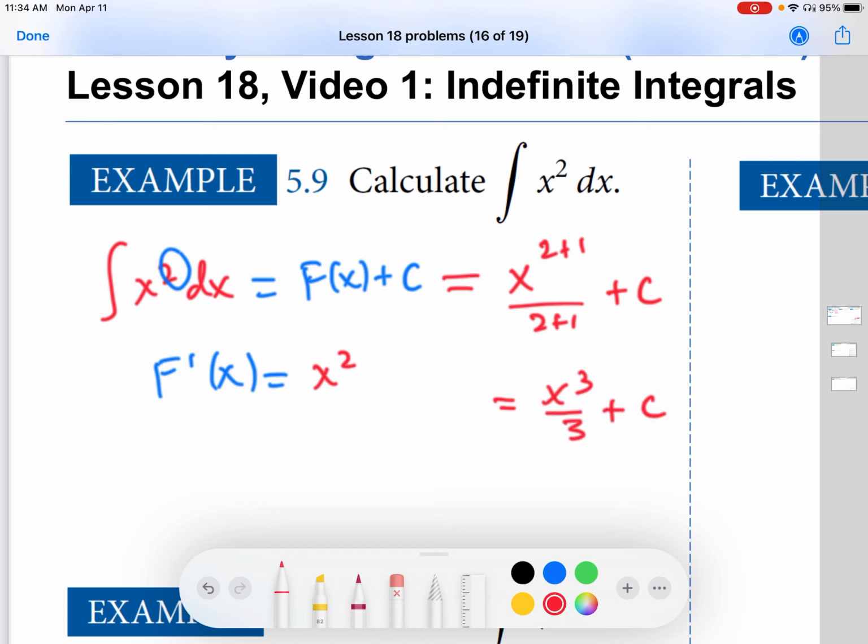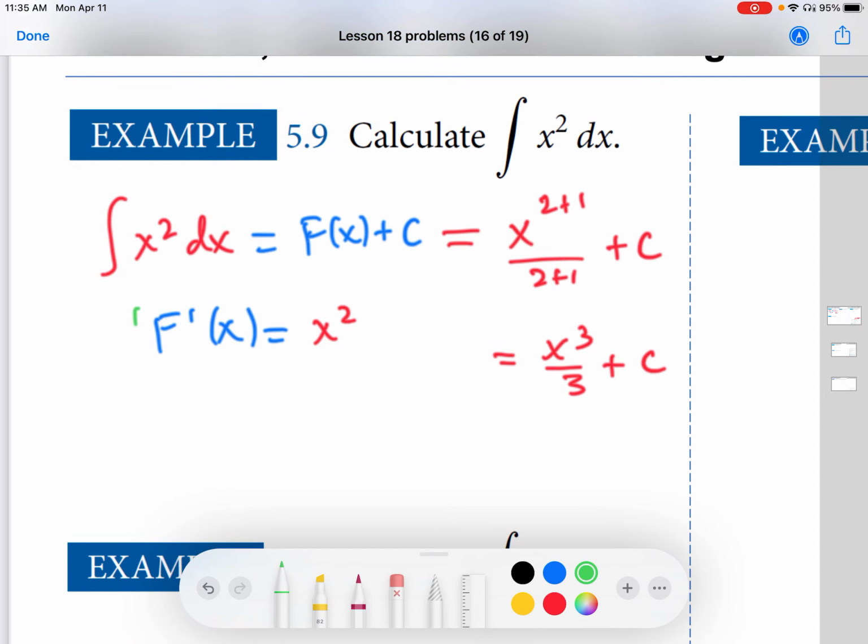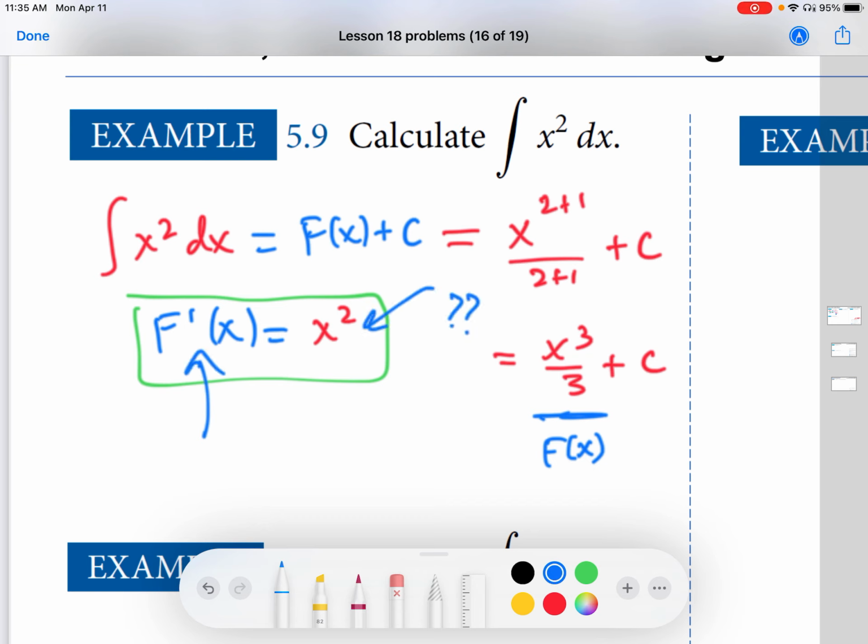And it's always good to check your work when you're calculating these things. So does this condition hold, right? Is the function that we just got, which is the capital F of x here, x cubed over 3, does it differentiate to x squared? Well, let's try it out. This is where it pays to remember all the work we did in chapter 4 of this book with the differentiation rules.